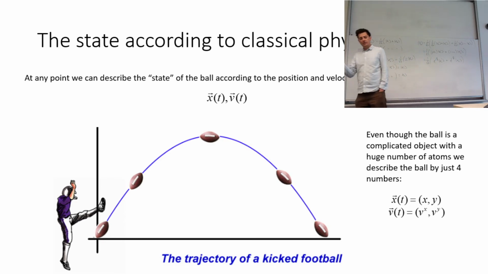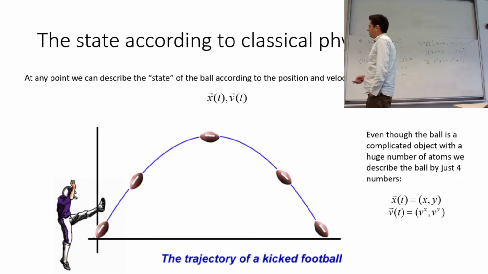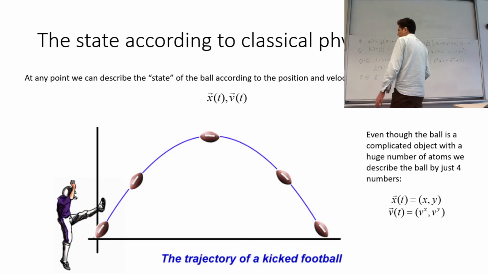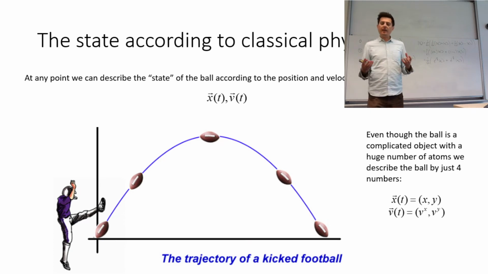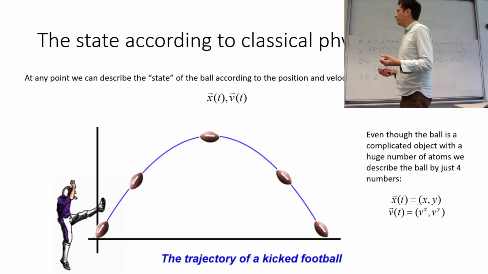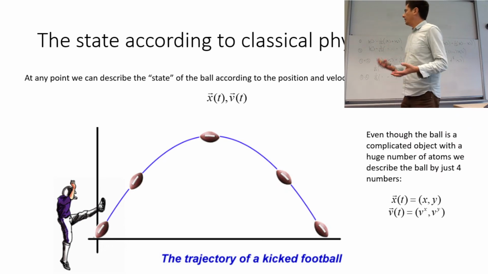So it's kind of important to realize what we're actually doing there, which is that actually this thing is a much more complicated object. It's a ball with actual dimensions and so forth. But what we first do is boil the system down into the essential variables, right? You're so used to solving these problems by now that you don't even think about it.